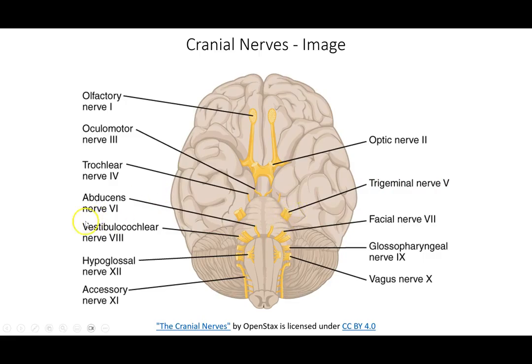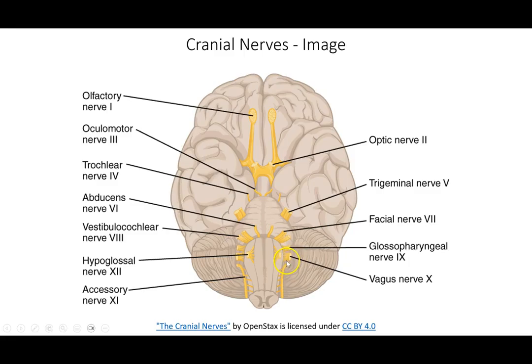And then the vestibulocochlear nerve, cranial nerve number 8, further down here, basically where the pons and medulla oblongata are connecting. So these outer little branches. And then the other nerve that is covered in lab is cranial nerve number 10, which is the vagus nerve, not spelled as in Las Vegas, spelled differently, but that is coming off the side of the medulla oblongata.